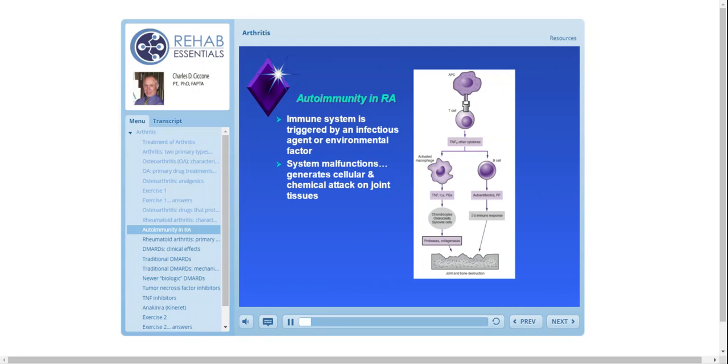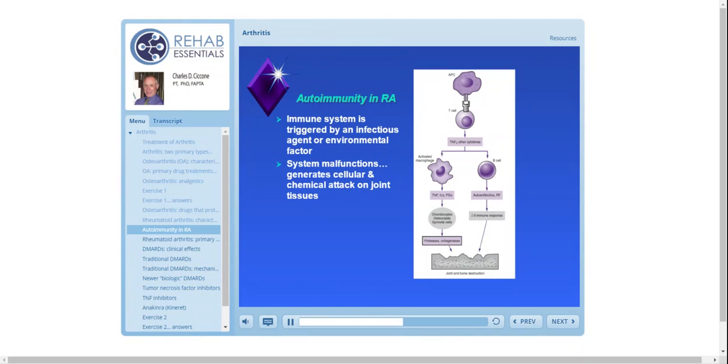So in terms of the autoimmunity in rheumatoid arthritis, we believe the immune system is triggered by some other, maybe infectious agent, a virus or even a bacteria, or maybe even an environmental trigger. And this is not happening in everyone. There's obviously some genetic basis to this, but we see this so often in autoimmune diseases where there's a genetic predisposition that's triggered by some environmental or other infectious factor.